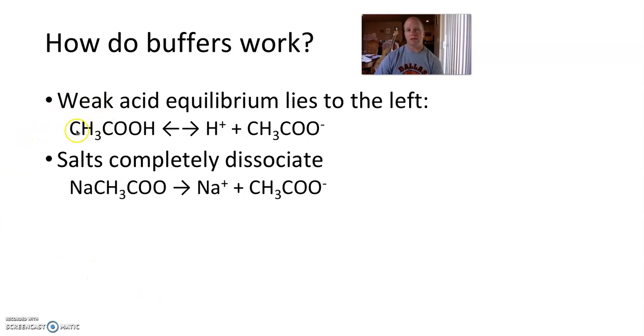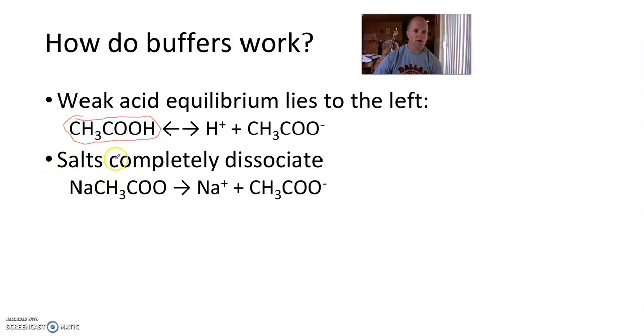If you have a weak acid, for example, acetic acid, remember the equilibrium lies to the left, okay? And if we have its salt, its salt completely dissociates. So when we have a buffer solution, if we put weak acid in it, we're going to have lots of weak acid in its undissociated form.